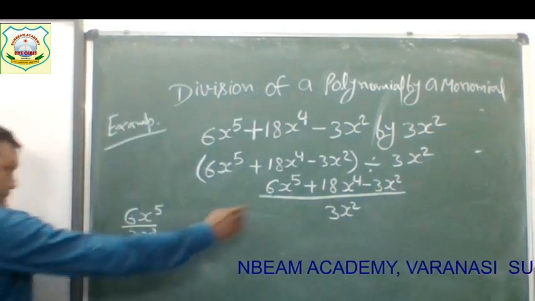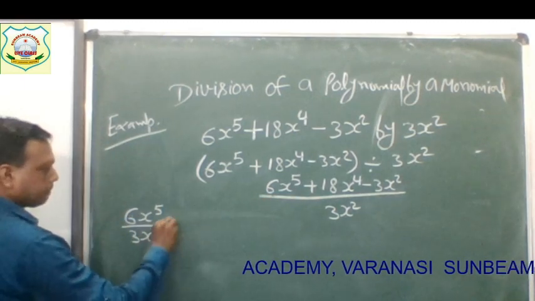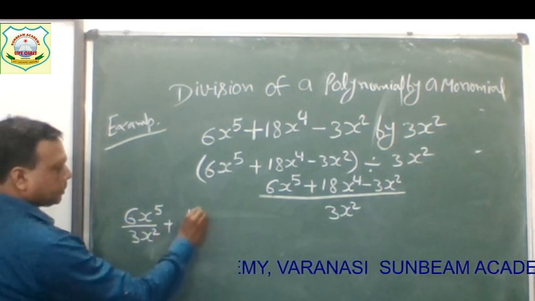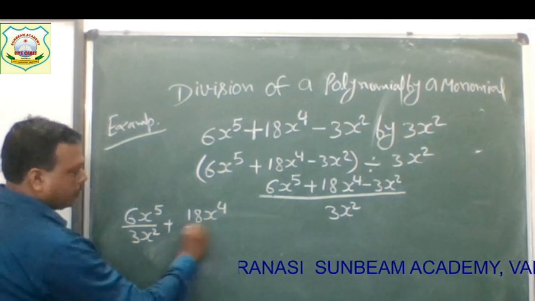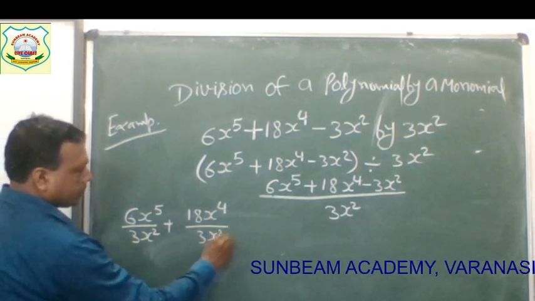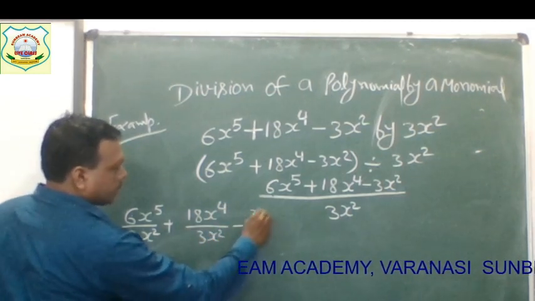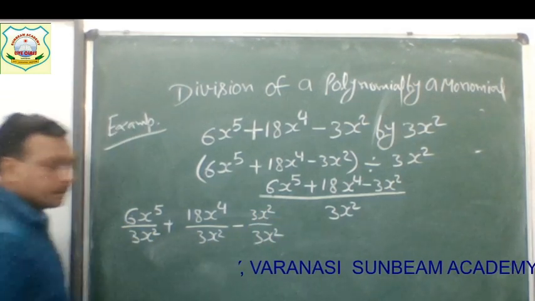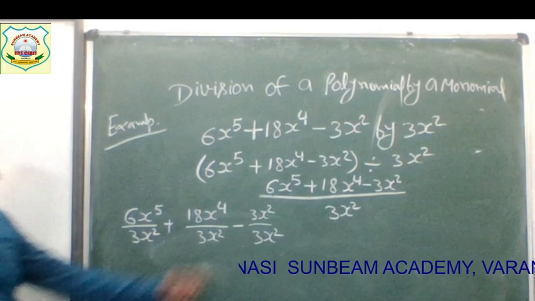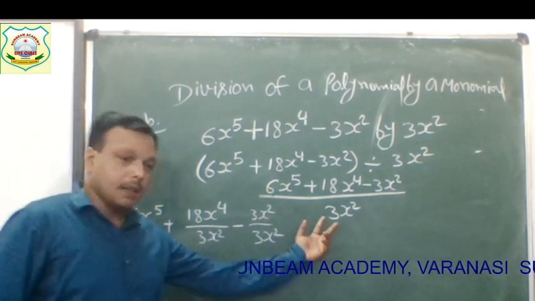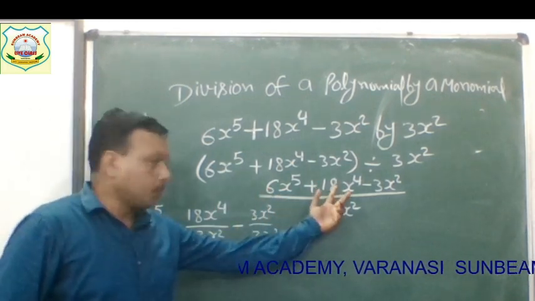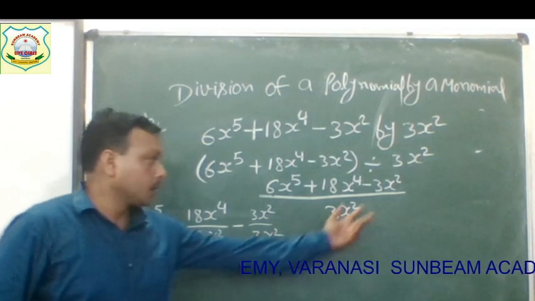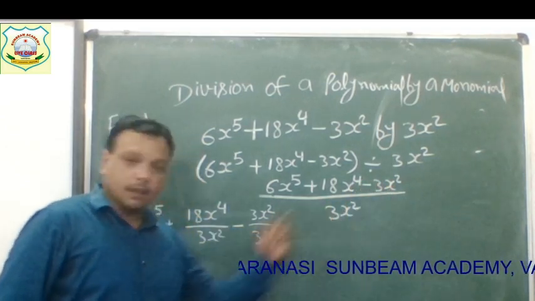Then plus, between them the sign is plus, 18x power 4 upon 3x square. Then minus 3x square upon 3x square.